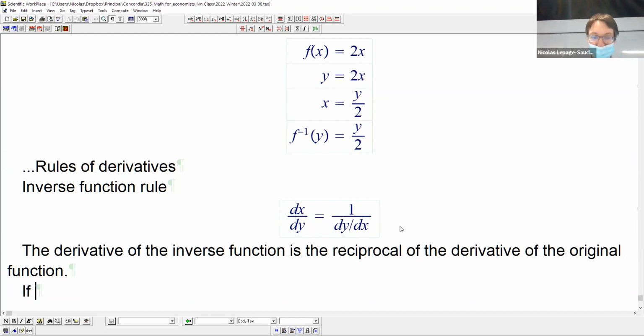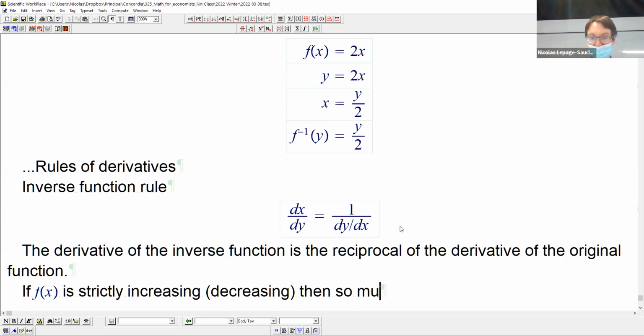If f is strictly increasing or decreasing, then the inverse must be f minus 1.